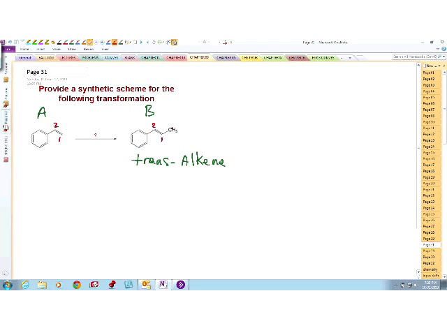You need to extend the carbon chain, right? So you only know one way of forming a new carbon-carbon bond right now, and that is using acetylide with methyl bromide or methyl iodide or methyl chloride. Okay, so that tells you then, therefore, you need to make the alkyne first, right?